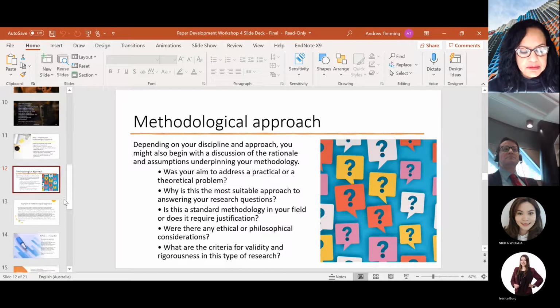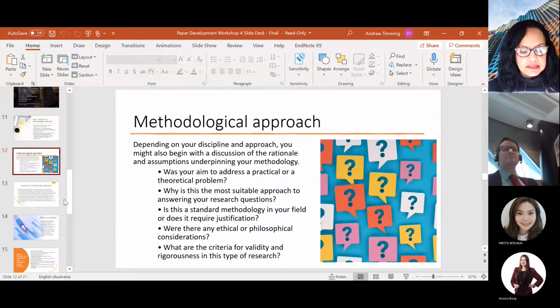And just building a little bit on that, depending on your discipline and approach, you might also begin with a discussion of the rationale and assumptions that underpins your methodology. And this may include questions like, was your aim to address a practical or a theoretical problem?